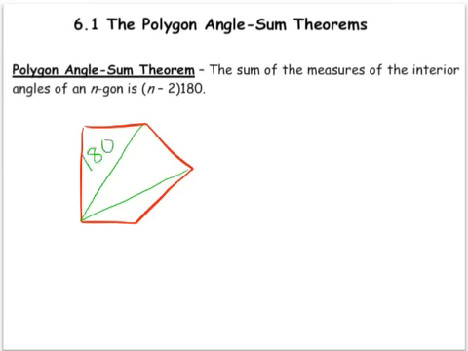The sum of the measures of the angles in each of the triangles is 180. We started with a 5-sided polygon, but we could only construct 2 less triangles. So 3 triangles times 180. Therefore, the sum of the angles of a pentagon is 180 times 3, which equals 540.